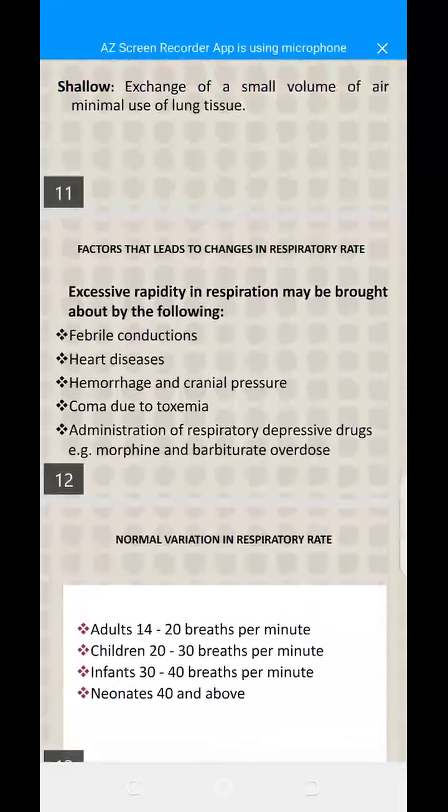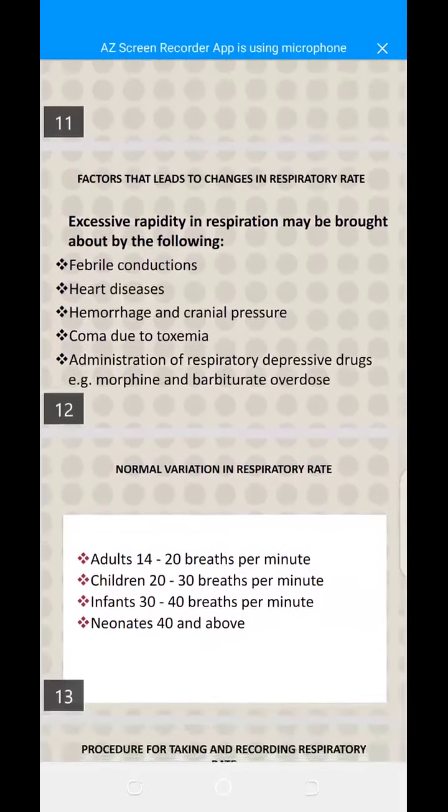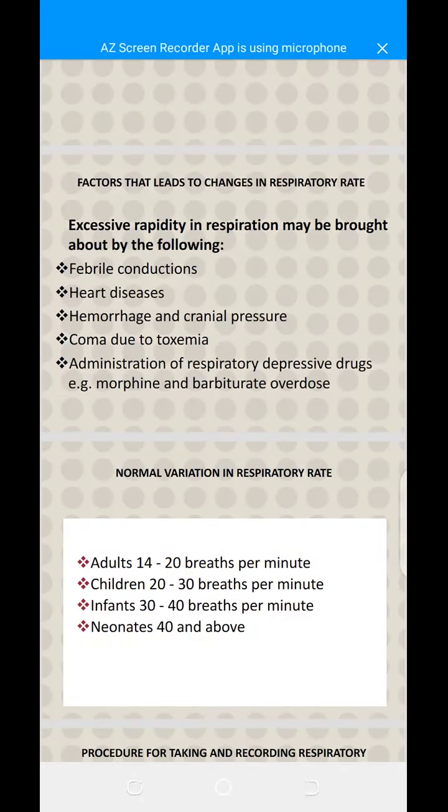Then we have some factors that lead to changes in respiratory rate. We have febrile condition, that is if somebody is having fever, the respiration increases, because if the temperature increases, the respiration and pulse rate will also increase.